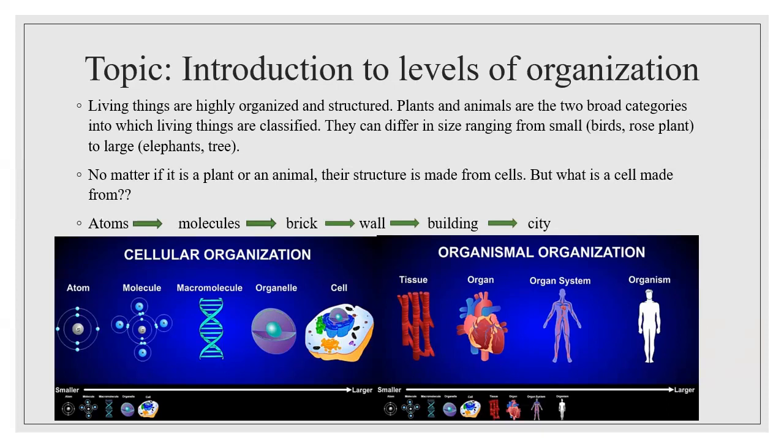These cells join together to make tissues, and then different tissues join to form organs. And when different organs join, they form an organ system. All the organ systems coordinate together to make an organism. This is how an organism came into being. We will discuss all these levels of organization with their definitions in our upcoming slides.